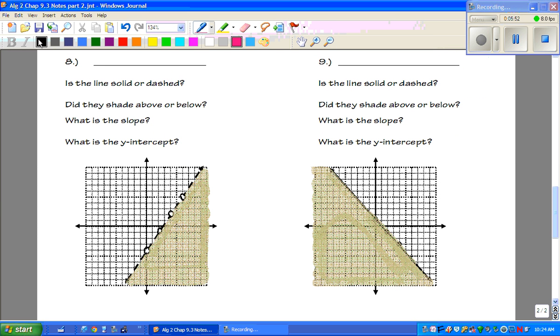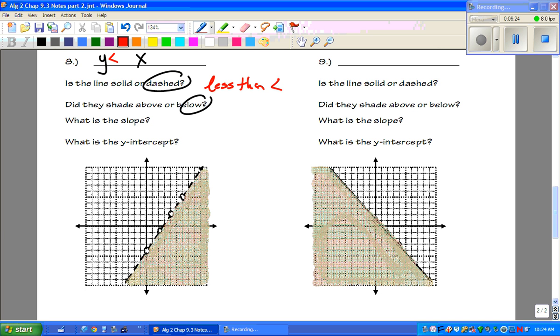It's diagonal, so we're going to have both a y and an x. So let's ask ourselves some questions. Is the line solid or dashed? It's dashed. Did they shade above or below? They shaded below. So that means it is the less than symbol.